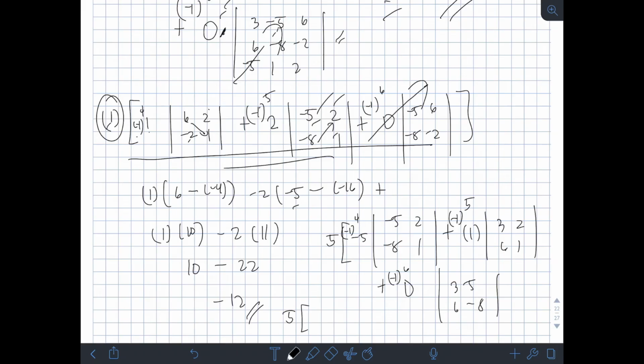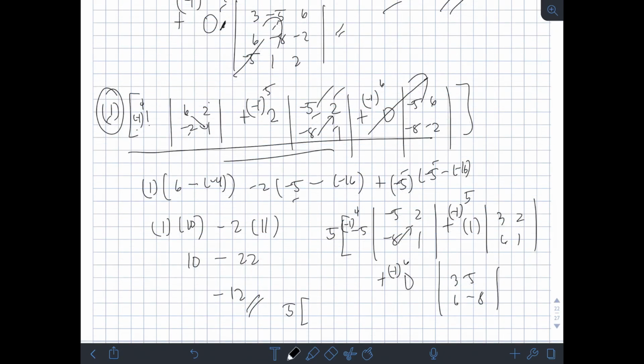So, simplify ko na agad. Negative 1 to the 4th is positive 1 times negative 5 is negative 5 times determinant is negative 5 times 1, negative 5 minus negative 8 times 2 is negative 16.